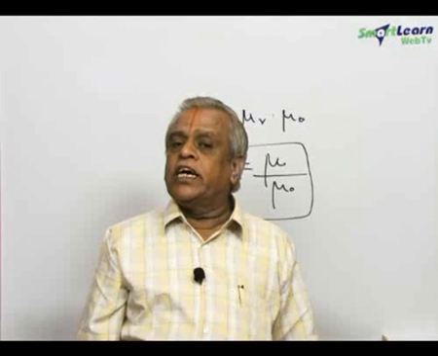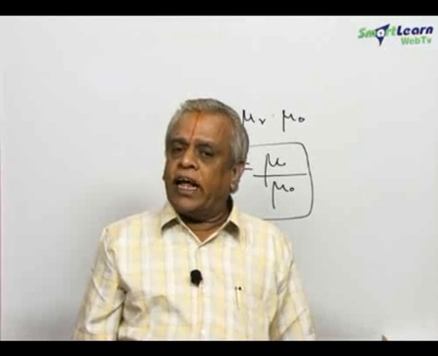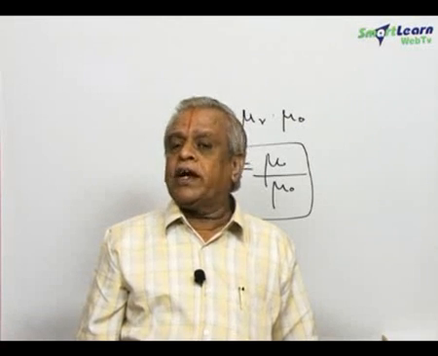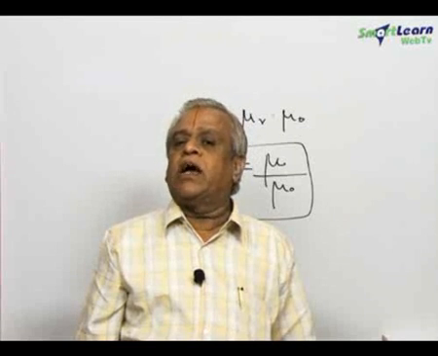If mu r is greater than 1, it is classified as a paramagnetic substance. How do we classify materials into paramagnetic and diamagnetic?